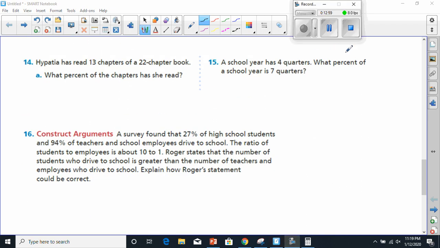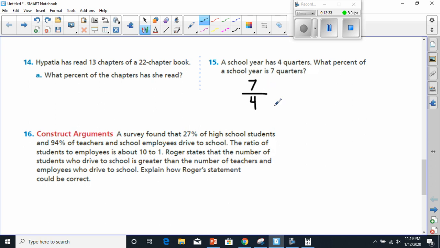Number 15 is saying that a school year has 4 quarters. What percent of a school year is 7 quarters? Well, we know this has got to be more than a school year, because it's 7. It has to be more than 4, so it'd be 7 over 4, not 4 over 7.